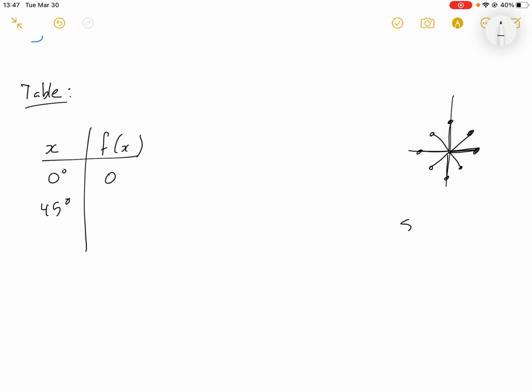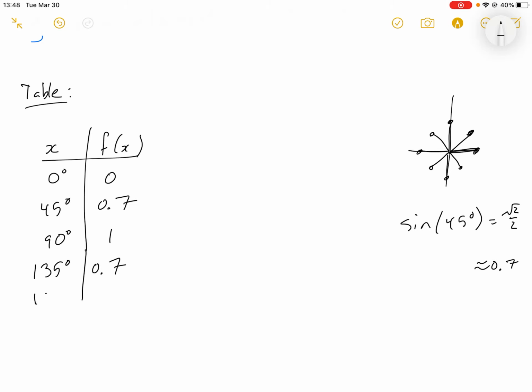Now sine of 45, if you remember, this is sine of pi over 4. This is root 2 over 2. This is approximately equal to 0.7. So we'll use 0.7 in this case, just because it's easier to graph numbers than square roots. 90 degrees is going to give me 1, and then next we'll have 135, which will also be 0.7.